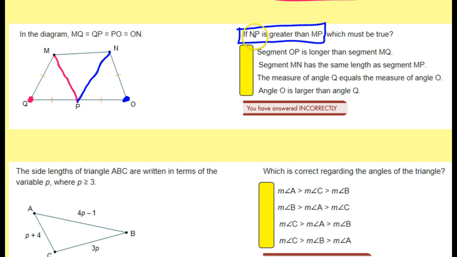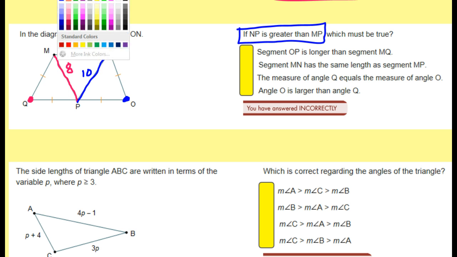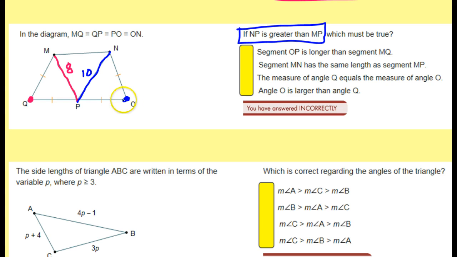If NP is greater than MP, okay, so they're giving us the sides again. For example, imagine that this was 10 and this was 8. NP is greater than MP. So which must be true? Well, before I even look at the options, I know that if this blue side is bigger, then this blue angle is bigger.